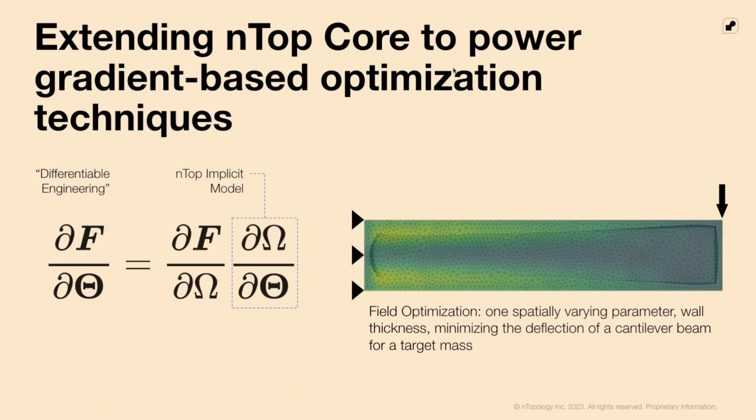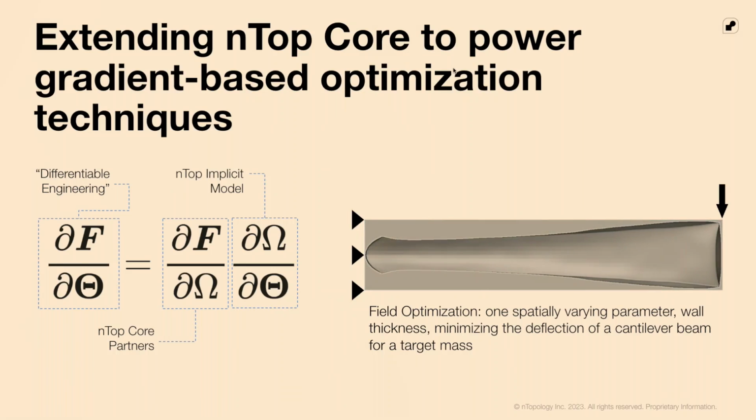nTop implicit via nTop Core gives you the derivatives of the shape. It gives you the parameters. Through our nTop Core partners, they can then evaluate the fitness of that shape itself so that you can do further optimization. And so this is an example where field optimization is doing this. There happens to be one parameter here that's spatially varying across.